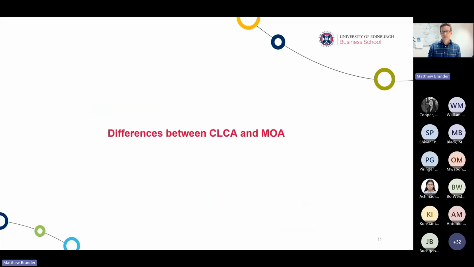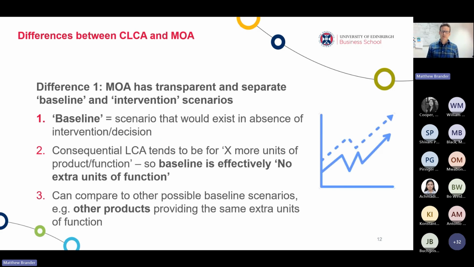So the next thing I wanted to talk about is some of the key differences between consequential life cycle assessment and mitigation outcome assessment, because they are largely doing the same thing. They're both aiming to quantify the change in emissions caused by a decision or intervention.